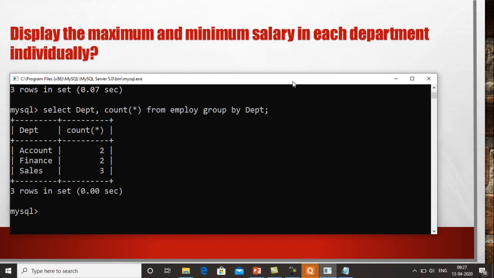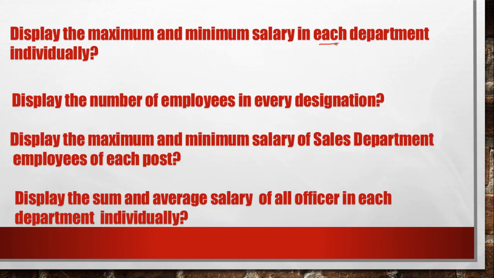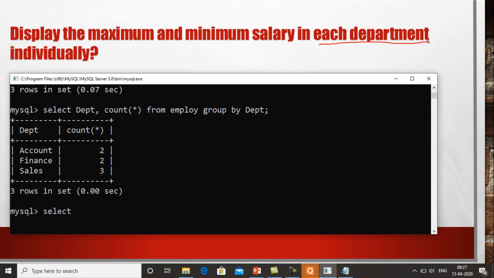So the first question is: display the maximum and minimum salary in each department individually. So it means we have to find the highest and lowest salary in the sales, finance and accounts, all those departments. So what I will do, select. Now, you have been given each department, so obviously we have to make groups on the basis of department.